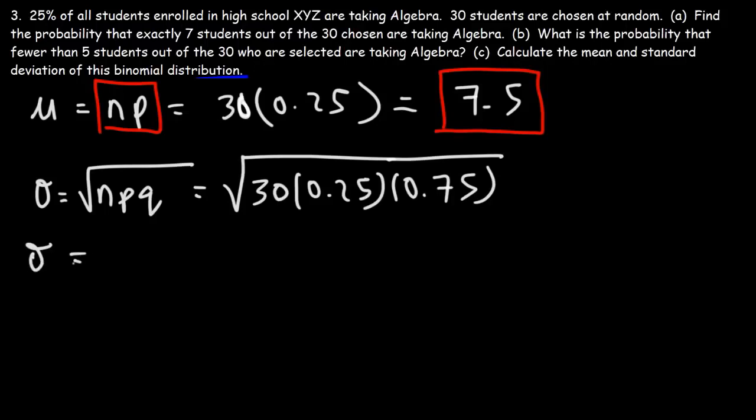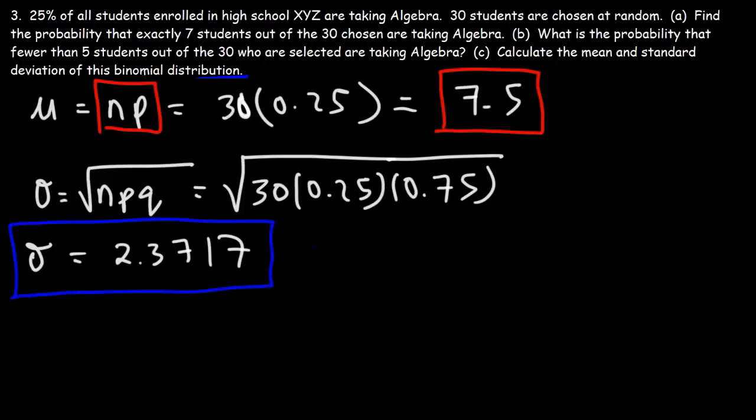Now let's go ahead and plug this in. So the answer I got for the standard deviation is 2.3717. So that's how you can calculate the mean and the standard deviation of a binomial distribution.